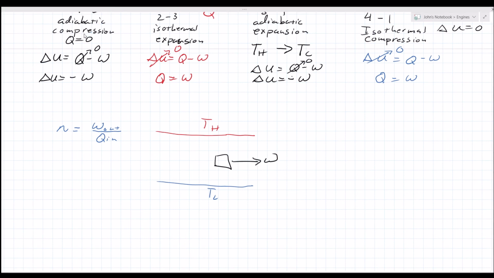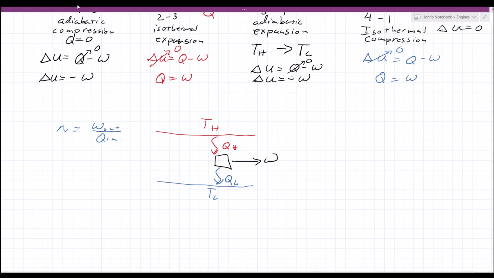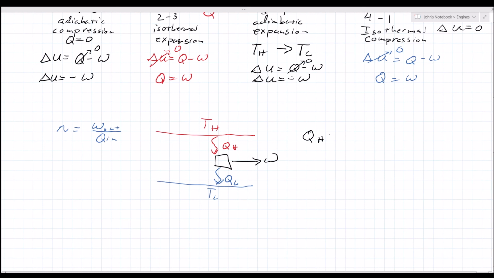I have some heat entering the system, and then some heat leaving the system, and out of that heat difference, I get my work. I'm extracting my work energy from the energy that comes in. Therefore, to find my work, it's Q high, my input energy, minus my output energy, Q low, is equal to my work.